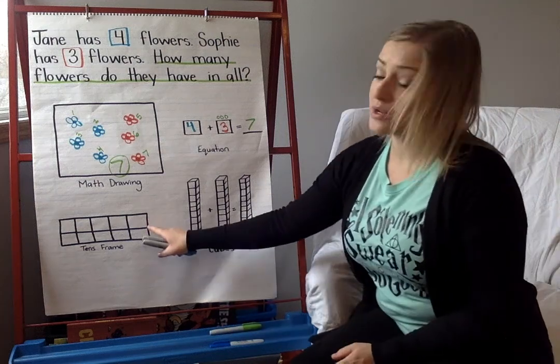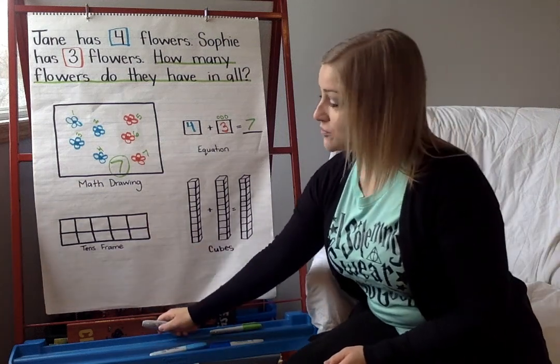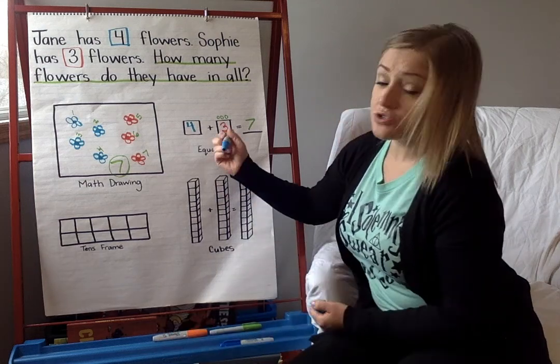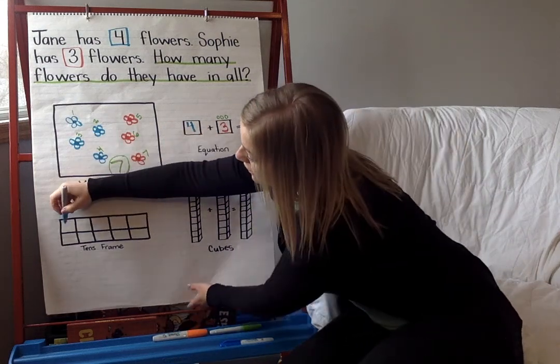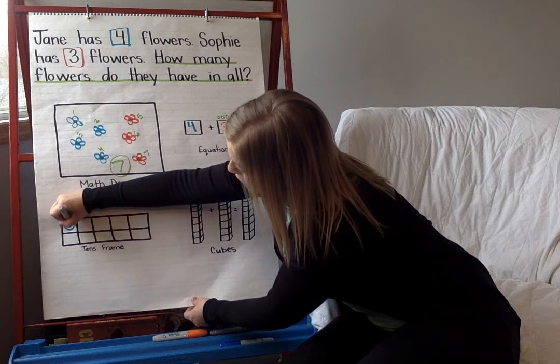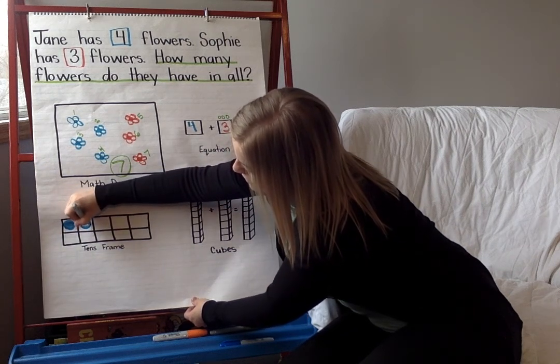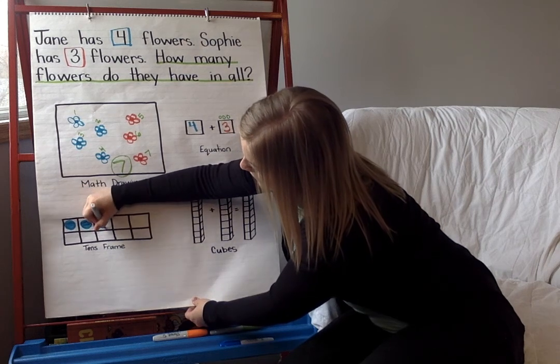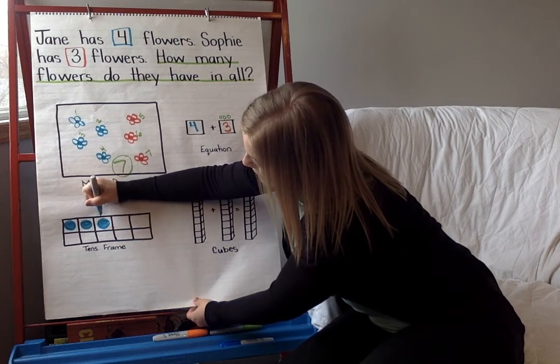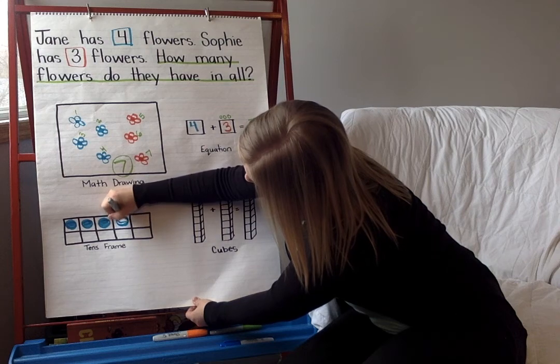Now we can go down to a tens frame to solve the problem using a tens frame. To do that tens frame, I'm going to color in 4 blue circles to talk about the 4 flowers that Jane has. 1, 2, 3, 4.